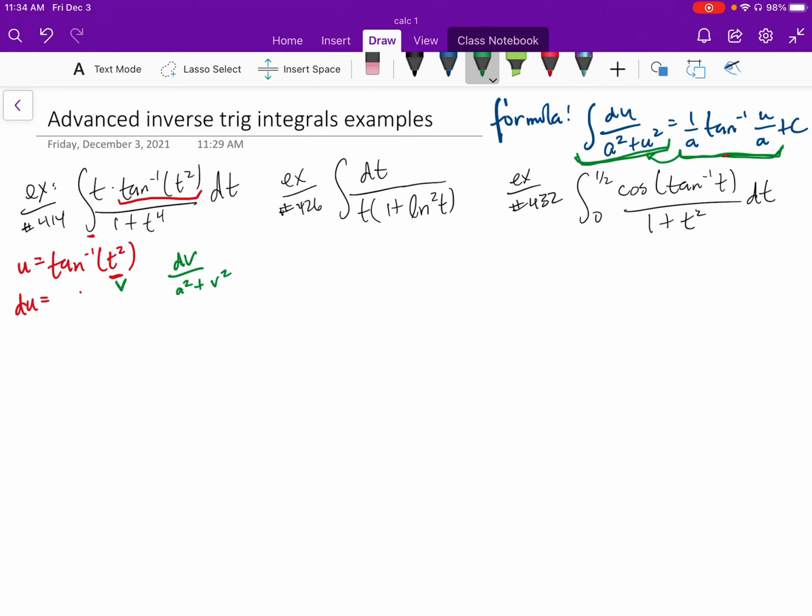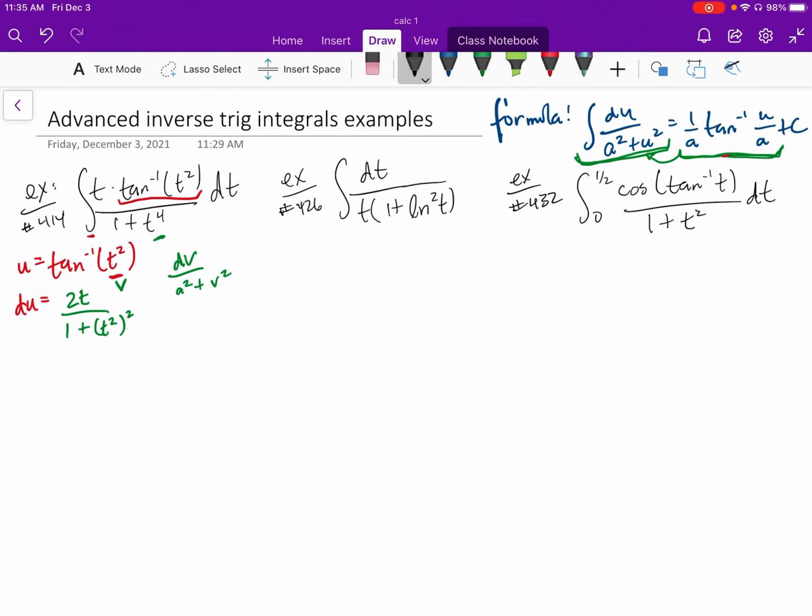Because I already used du up. So the chain rule says 2t, but then the derivative of tan inverse is 1 over a squared plus u squared, so 1 plus t squared squared. Well, that's great, because notice t squared squared is t to the fourth, so I have everything I need with the exception of a 2.